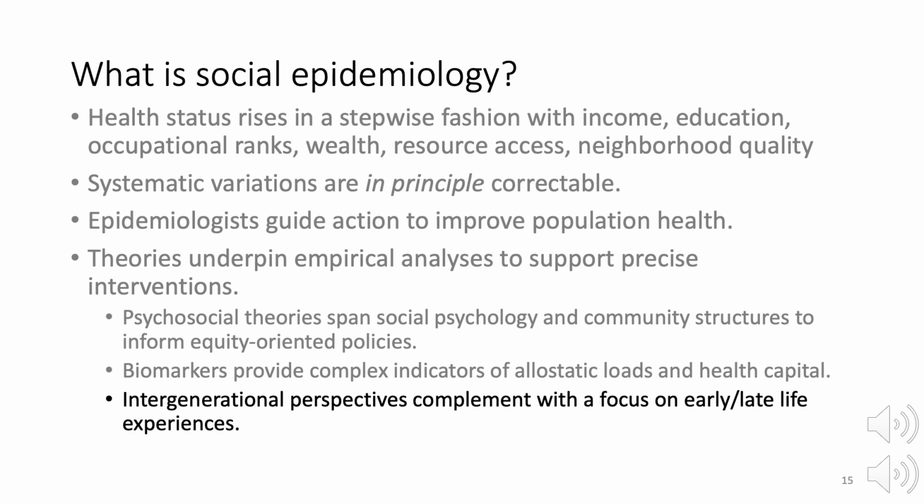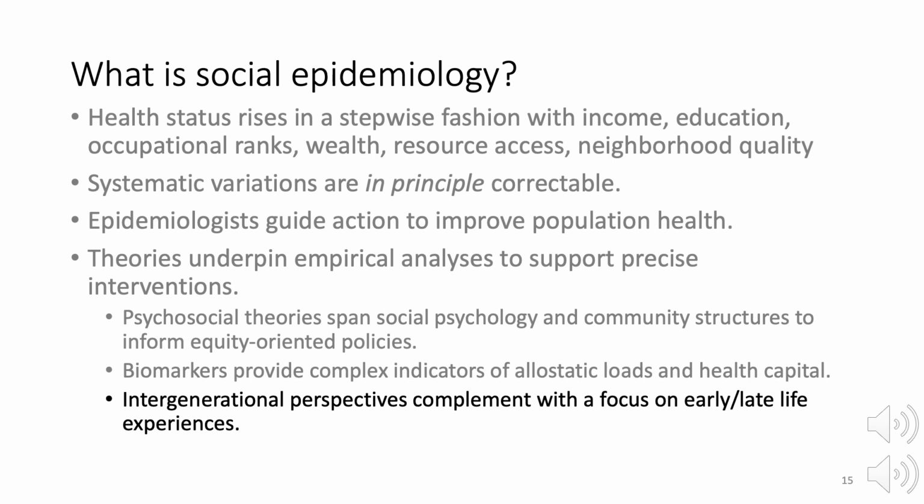We've seen two lectures ago that psychosocial theories span social psychology and community structures to inform equity-oriented policies. Last lecture, we learned that biomarkers provide complex indicators of allostatic loads and health capital. And today, we see how intergenerational perspectives complement with a focus on early or late life experiences.